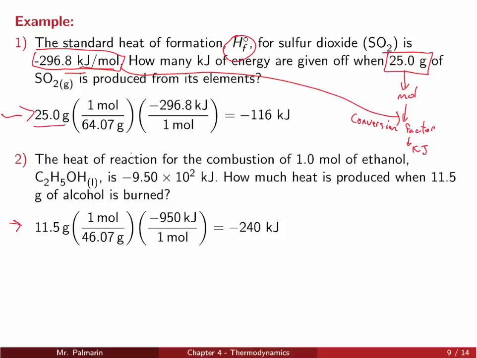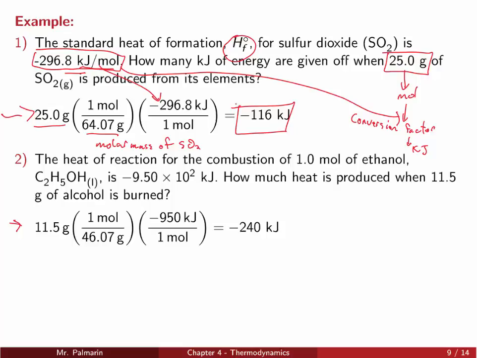So here you start with what you're given, 25 grams. You move to moles. Here's the molar mass of SO2. That's where those numbers come from. And then you simply plug in the conversion factor. For every mole, you get negative 296.8 kilojoules. Do the calculation, round to the correct number of significant figures, and that's how much heat's produced per 25 grams of SO2. Moving along to the next one. So hopefully that makes sense.